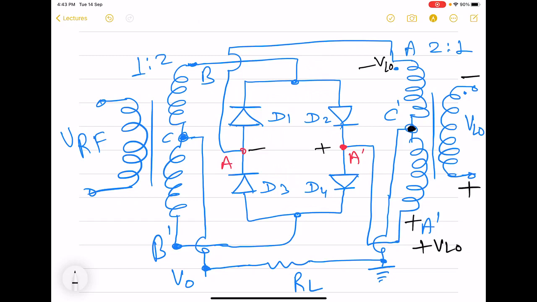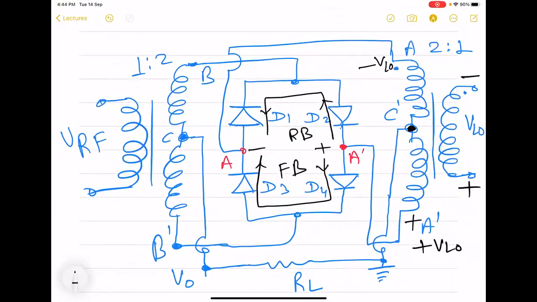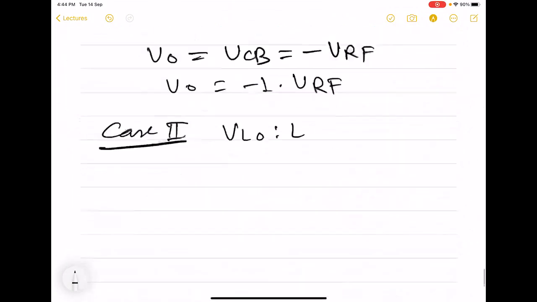So in this case, we see that D4 and D3 experience large forward bias, while D1 and D2 are experiencing large reverse bias. So this implies that D3, D4 are going to be short circuited, and D1, D2 are going to be open circuited. Once again, draw the equivalent circuit for this case.